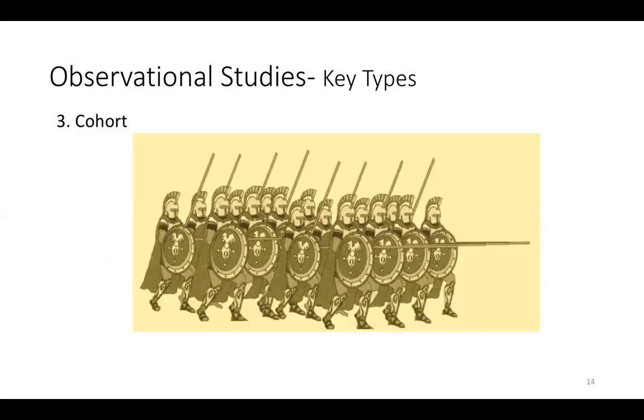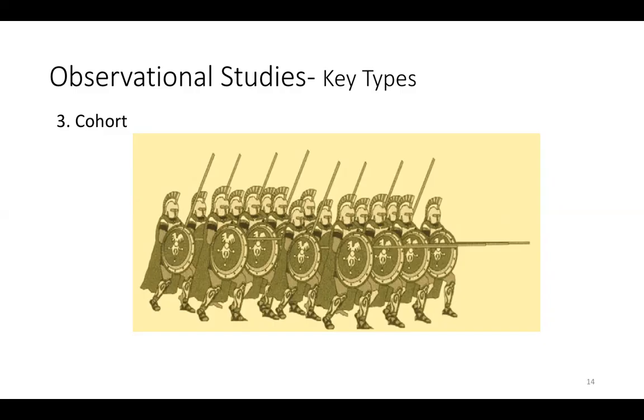The word cohort is derived from Roman times, when the Roman army, their troop, was called a cohort, and the only way the troop knows how to move is marching forward.